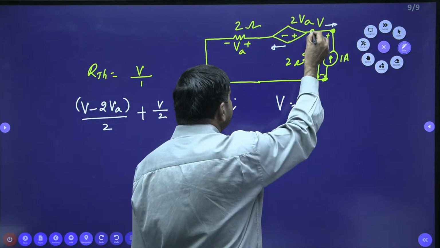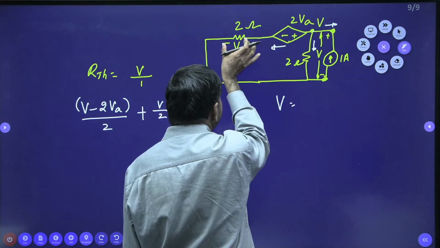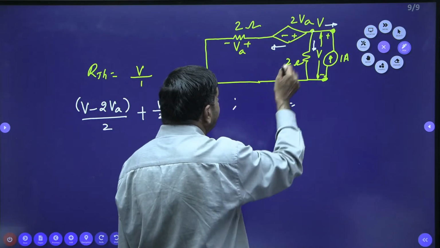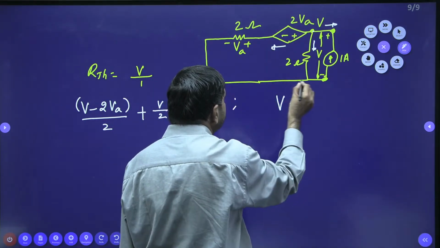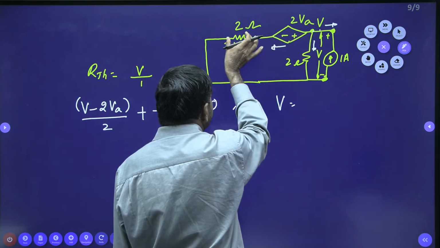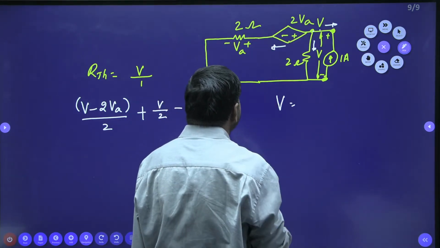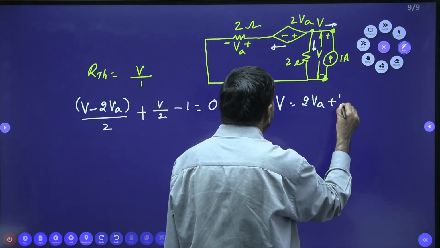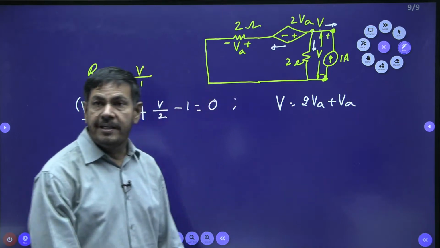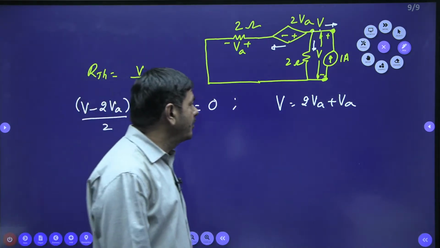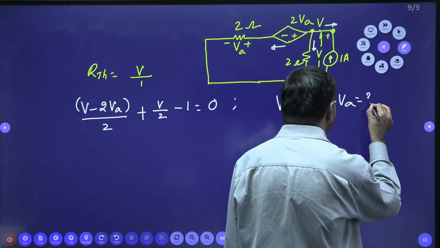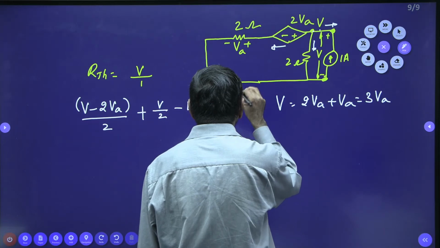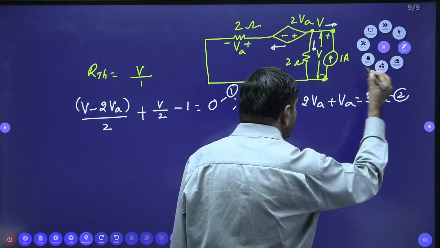V is this voltage plus this voltage drop, if I apply KVL in this path, and this is grounded. So V equals 2VA plus VA, that equals 3VA. We note this down as equation number 1. This is equation number 2.